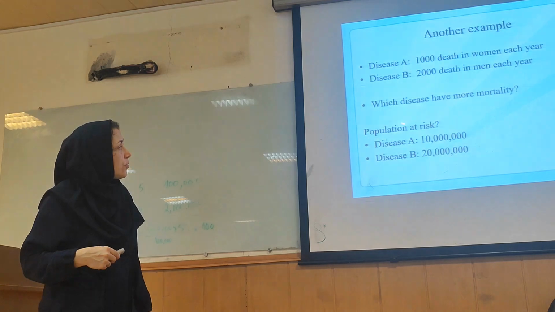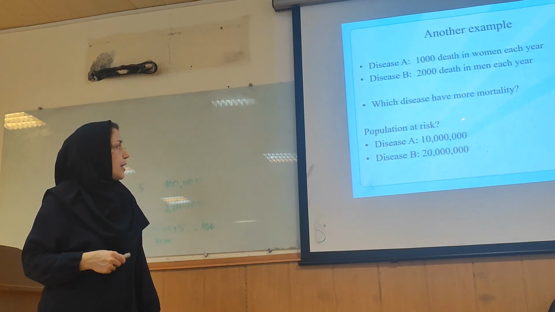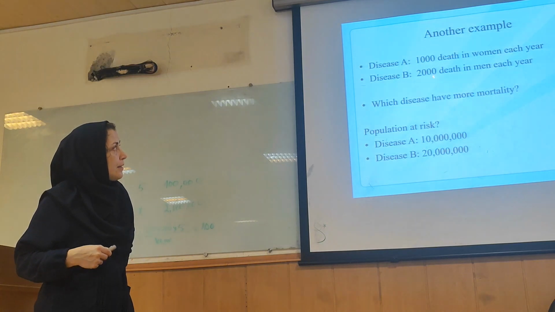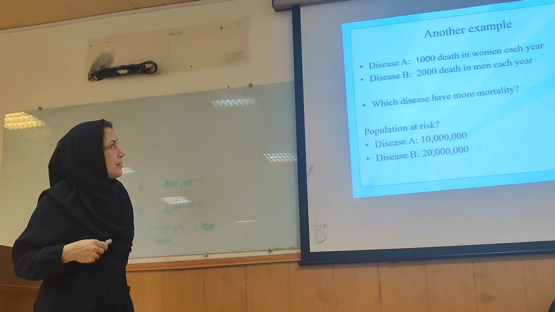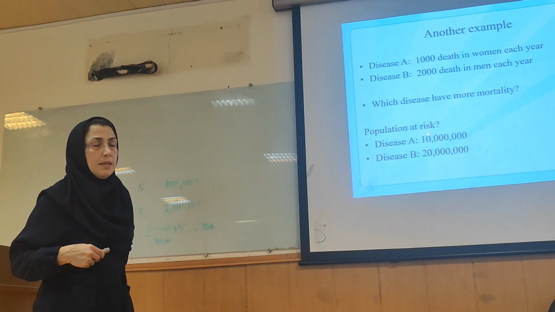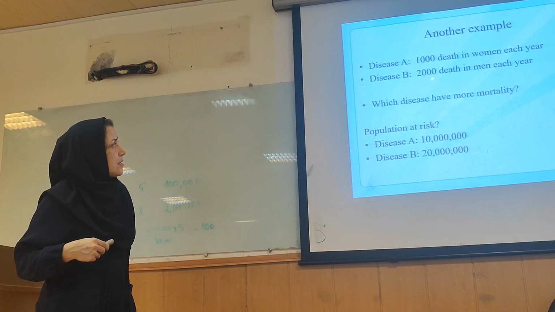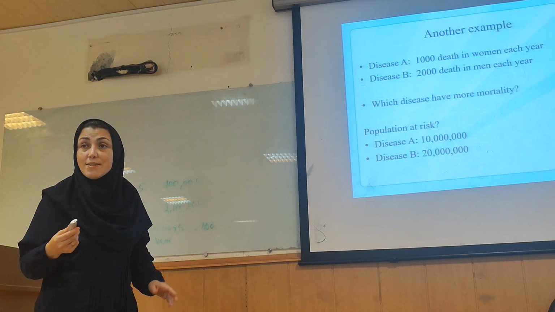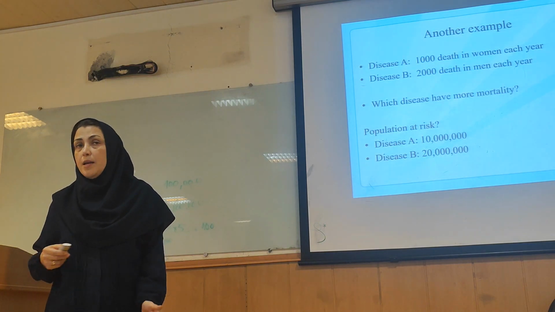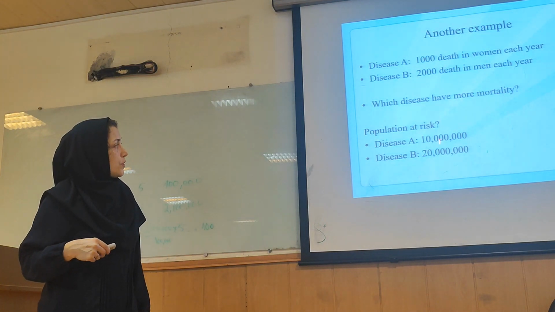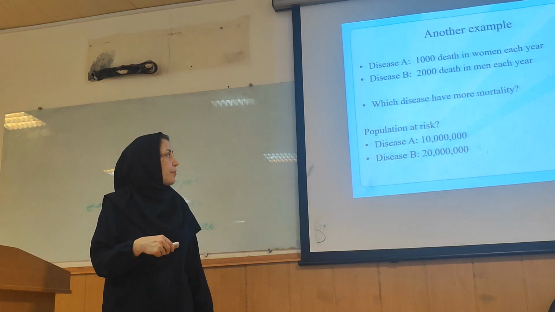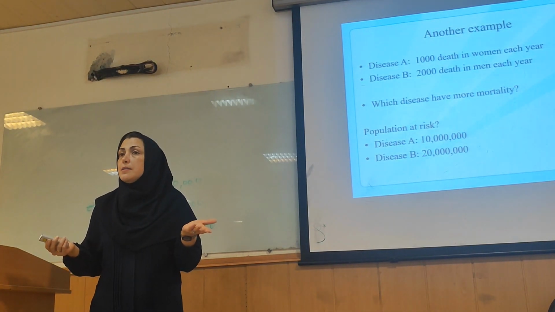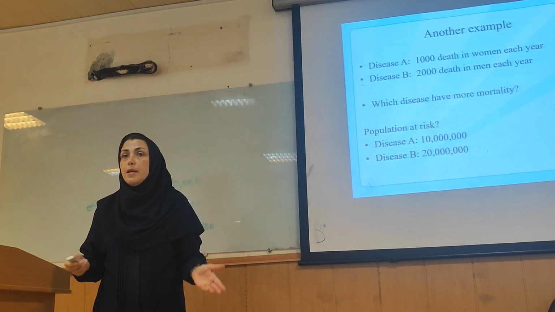Because you do not know the population at risk. In disease A, the population at risk is 10 million. So you can divide 1,000 by 10 million. And in disease B, it is 2,000, but the population at risk is doubled as well. So if you divide these 2,000 by these 20 million, the rate is the same.